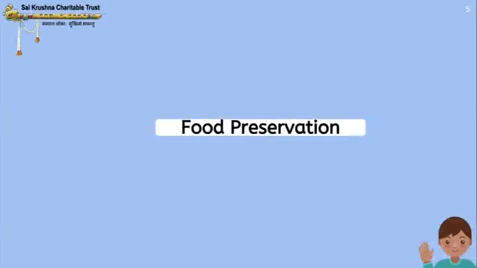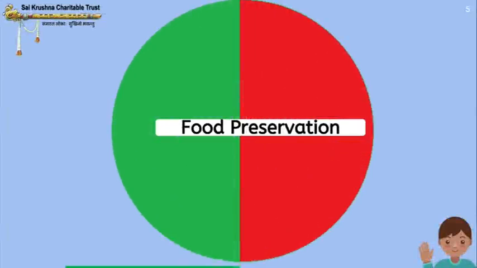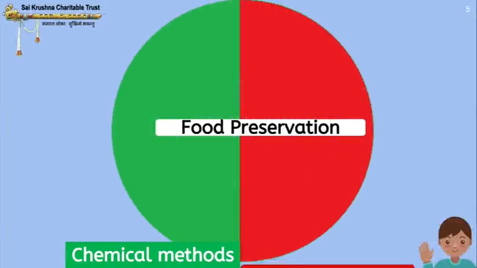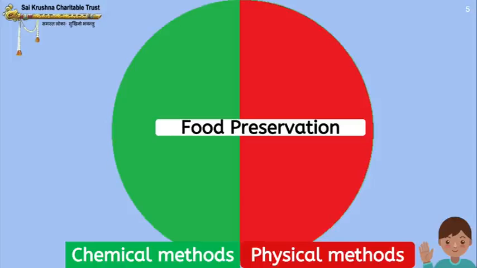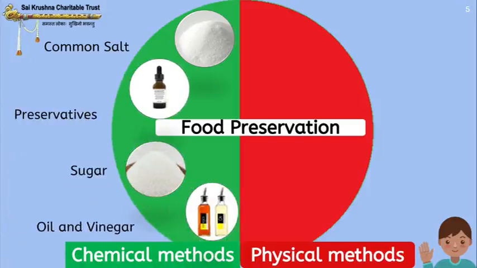Let us look at different methods of food preservation. We have chemical methods and physical methods. Let us look at the chemical methods of food preservation. By adding common salt, adding preservatives, adding sugar, and preserving using oil and vinegar.